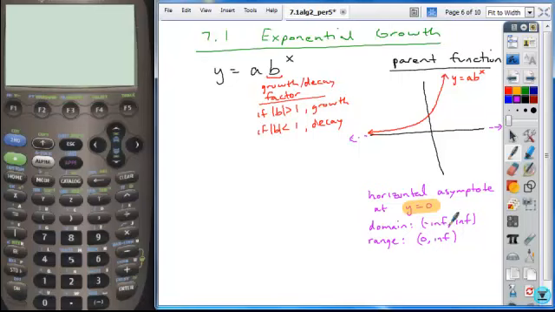Now, as far as the left and right behavior of the graph, as we move to the left, this graph is actually getting lower, right? It is falling, but it's not falling without limit. It's never going to reach or cross this asymptote. So the way I want you to describe the left-hand behavior of this graph is that it approaches an asymptote.